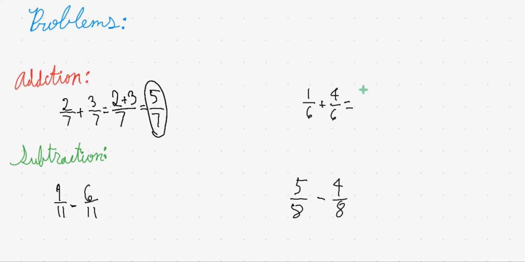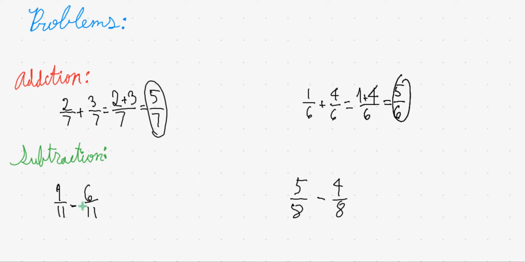We add the numerators, 1 plus 4, over 6, and 1 plus 4 is 5, and leave the denominator as it is, 6. 5/6 is our answer. Now let's move on to subtraction.